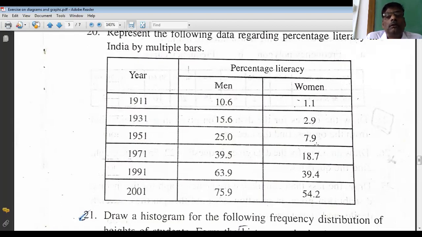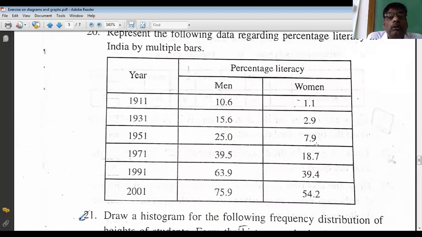You can draw a multiple bar diagram taking men as one set of information and women as another set of information. Otherwise, you consider one year as one set of information. Then how many years are there? Six years are there, so six sets of information, meaning six sets of bars you have to draw.